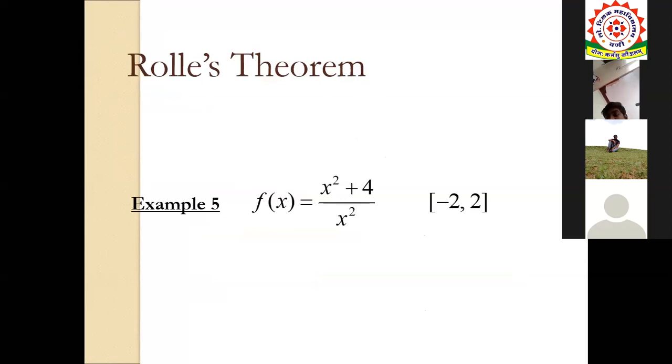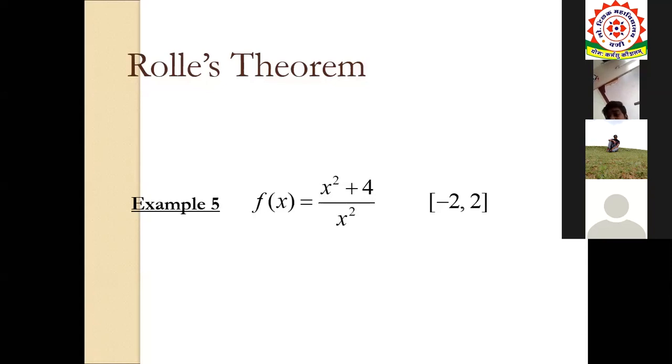What about at 0? 0 is not differentiable, and also not continuous, because at 0 the limit does not exist. Here at 0 it is 4 by 0, that is, the limiting value at 0 is infinite.